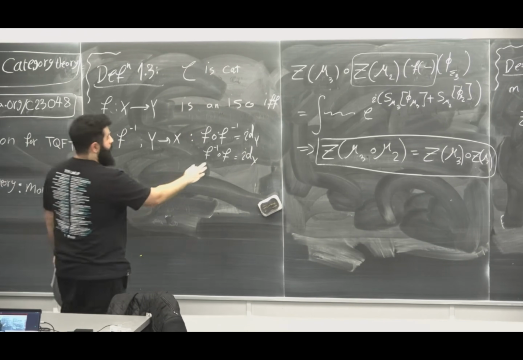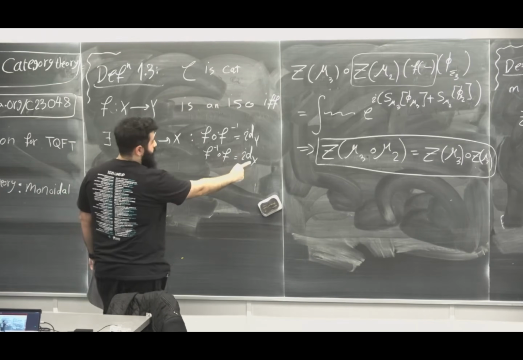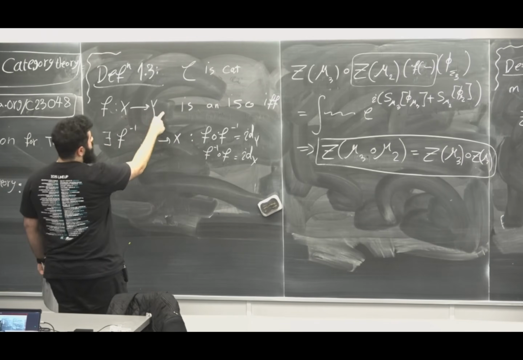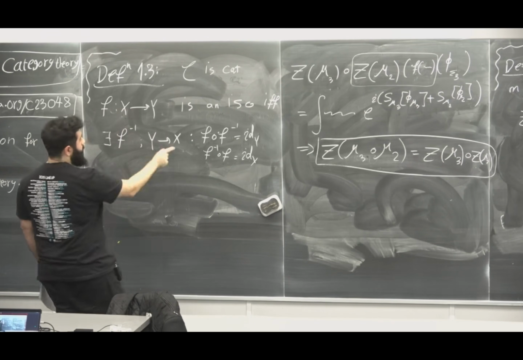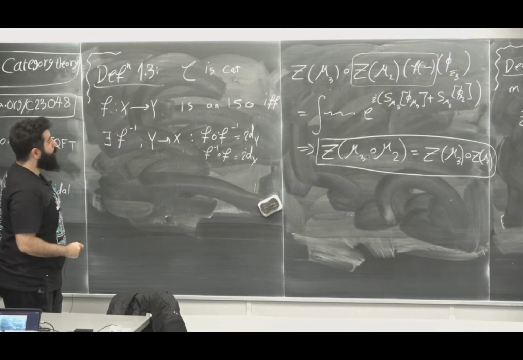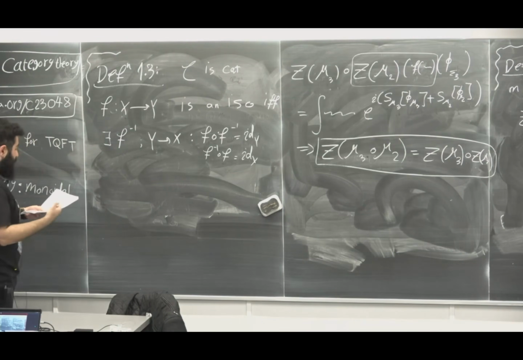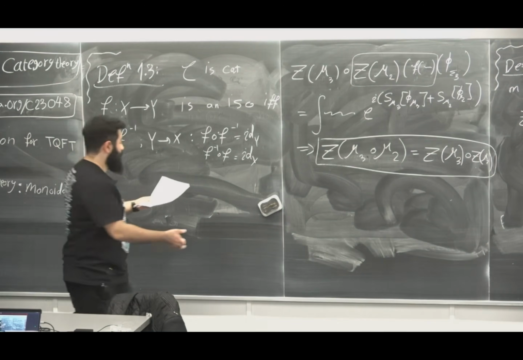So f takes in x, so the identity is going to be a map from x to x. f is going to go from x to y, then f inverse is going to go from y to x, so you go from x to x. But it's not just any map from x to x; it's the identity. So this is what it means for one of our morphisms to be an isomorphism.